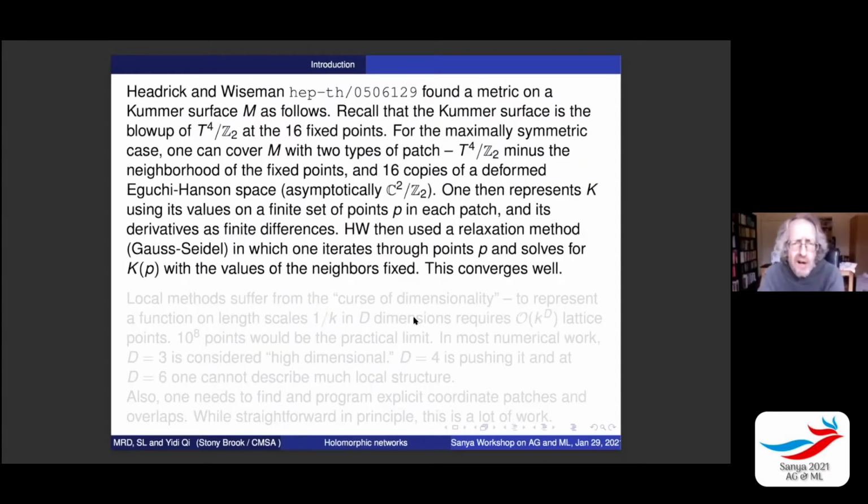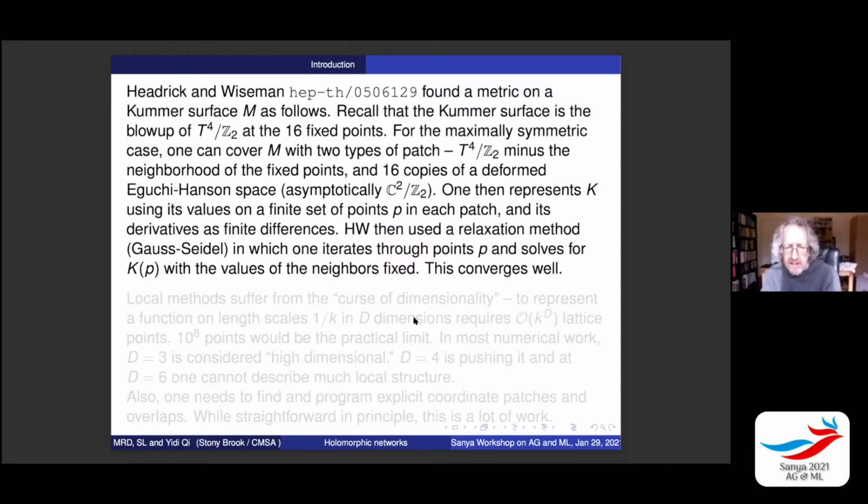Again, to make a brief survey of techniques people have tried: Headrick and Wiseman basically used a local method with explicit coordinate patches for the K3 that they described.